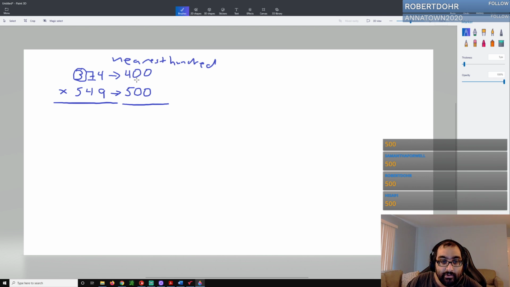So what we're going to do next is solve for this. Again, this is multiplication. We're doing 400 times 500. Now here's the nice part. Because we rounded before we actually multiplied, doing this problem is significantly easier. All we have to do is take the numbers that we see here, 4 times 5. What's that? All right, 20.